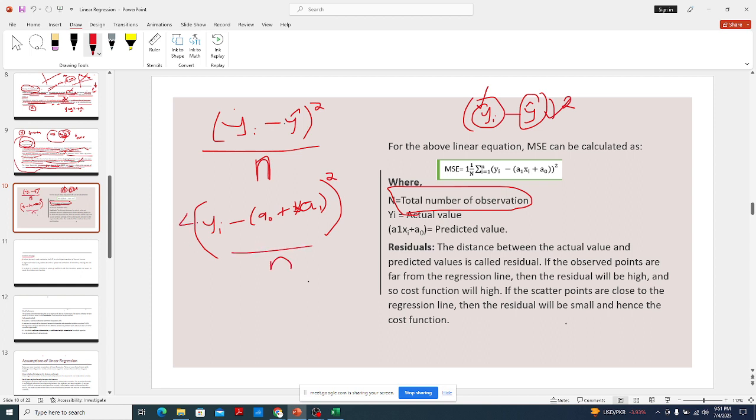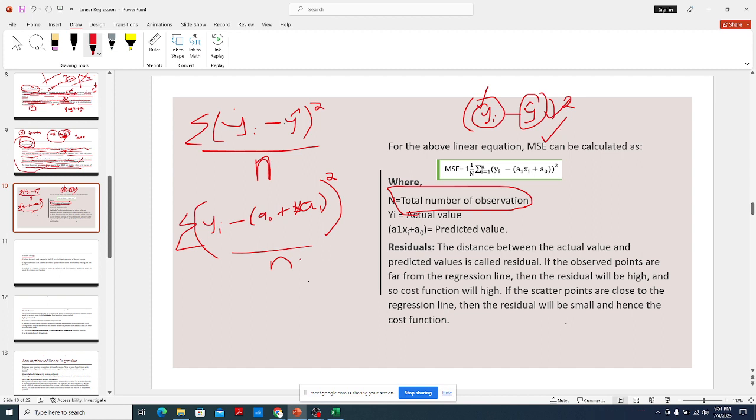And then we are doing the summation of all this. That's how we calculate the mean squared error, which is the cost function.